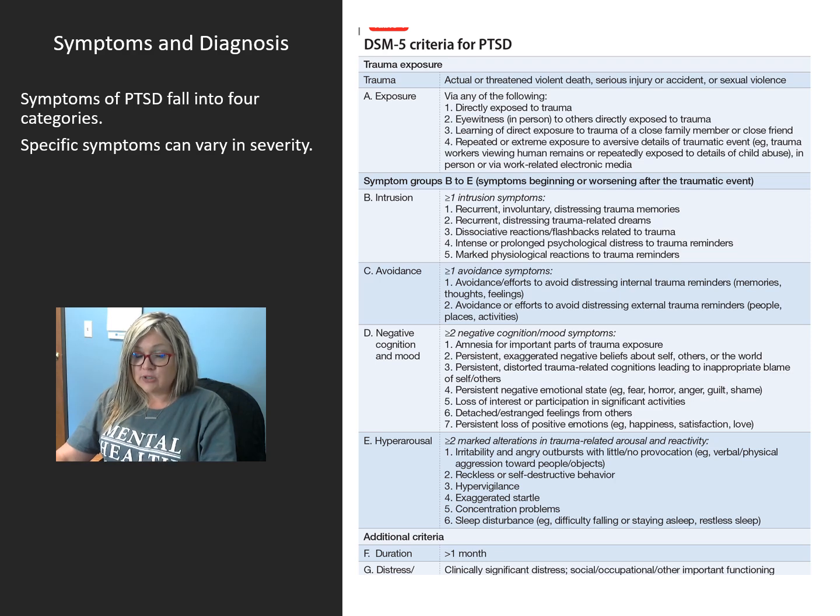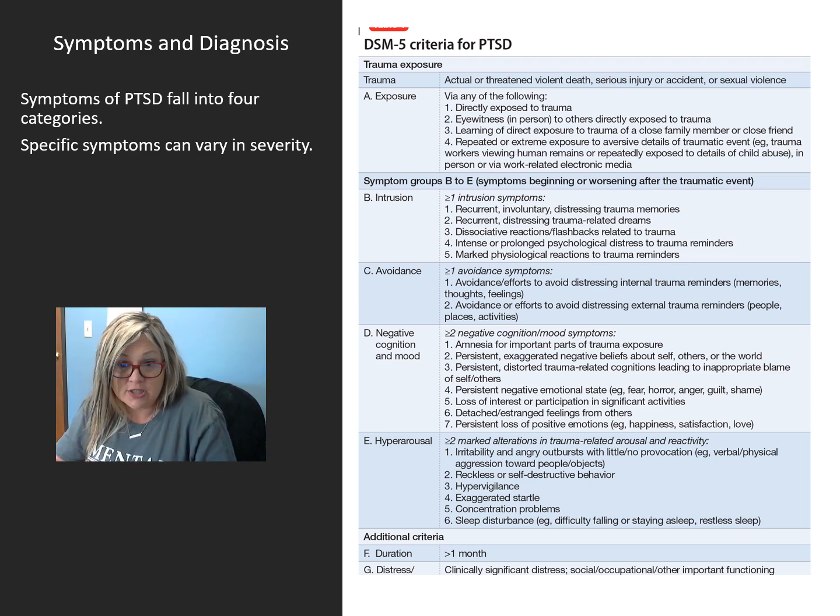The first one, intrusion, they need to experience at least one of these 5, and that would be recurrent or involuntary distressing memories, having trauma-related dreams, having reactions or flashbacks to the trauma, having prolonged psychological distress at traumatic reminders, and having marked psychological reactions to a trauma.